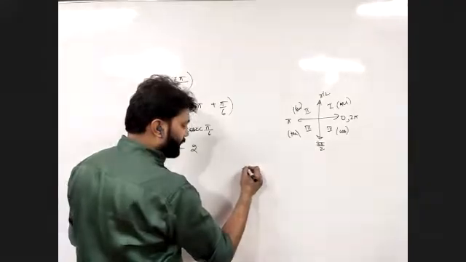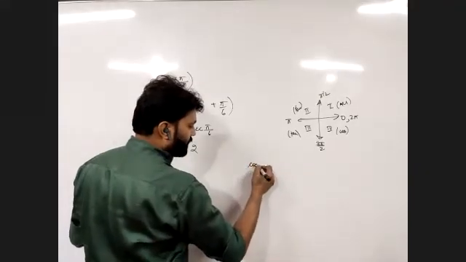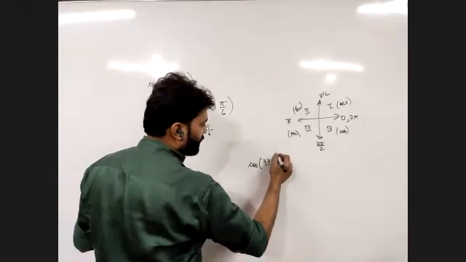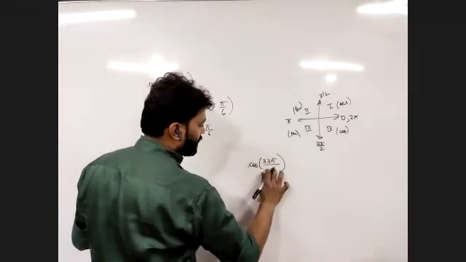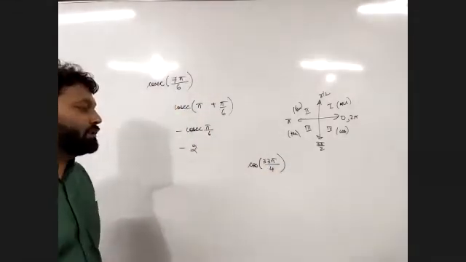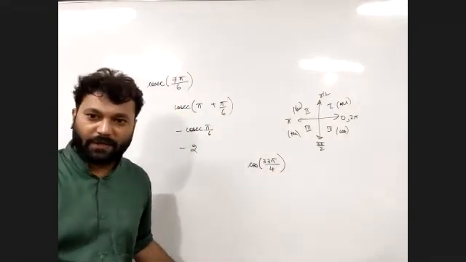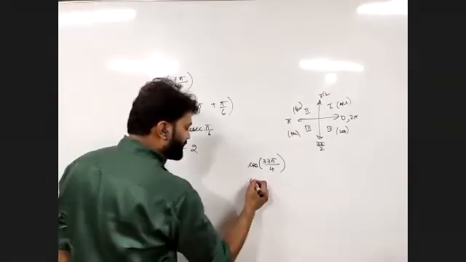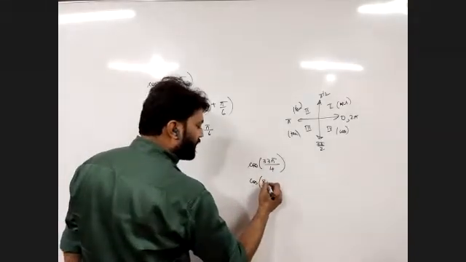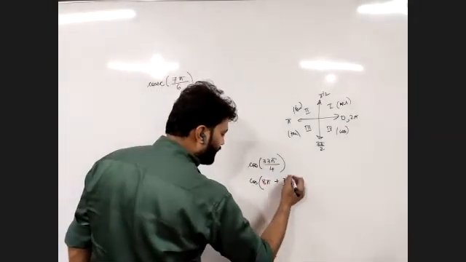Now look at this one. cos 33 pi upon 4. So this will be cos of 32 pi plus pi, upon 4. So this will be 8 pi plus pi upon 4.